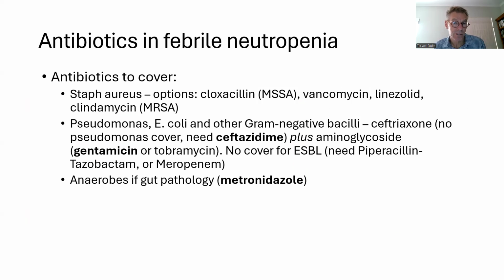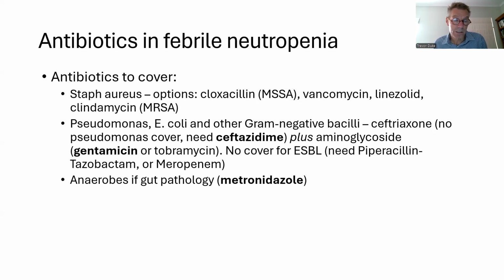particularly Staph aureus. And the options are giving cloxacillin for methicillin-sensitive Staph aureus, and then there's a few options for MRSA as well, if that's common in your hospital or if it's more likely in a particular child. And they're using vancomycin. There's also another couple of antibiotics that will cover MRSA reasonably well.